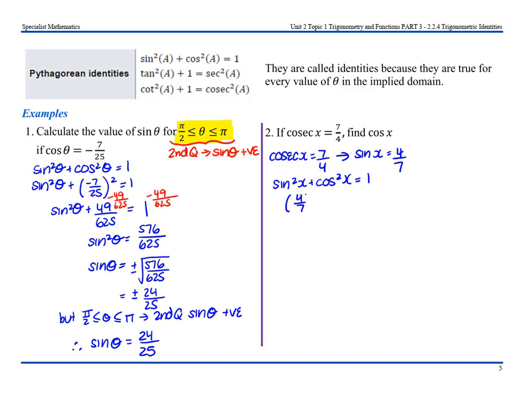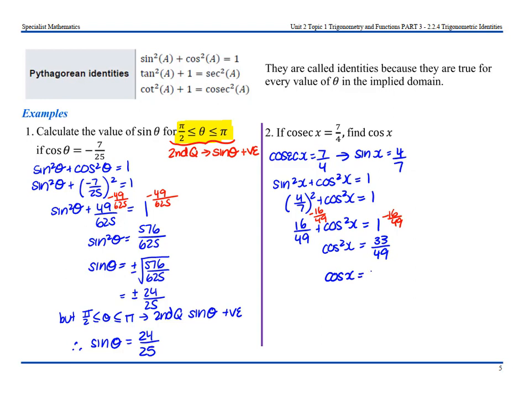Plugging in our value of sine, 16 over 49 plus cos squared x has to equal 1, minus 16 over 49 from both sides. So we have cos squared x has to be 33 over 49.